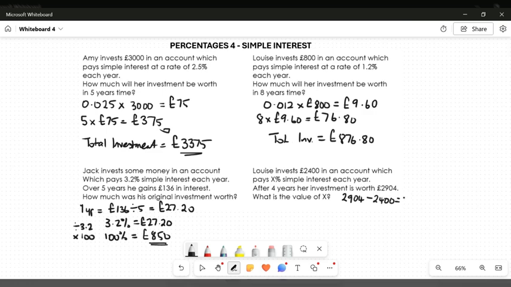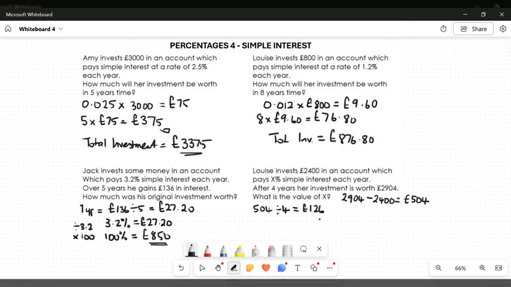Over this time, she's made £504 in interest. That's over 4 years. So 504 divided by 4 means she's got £126 interest every single year.